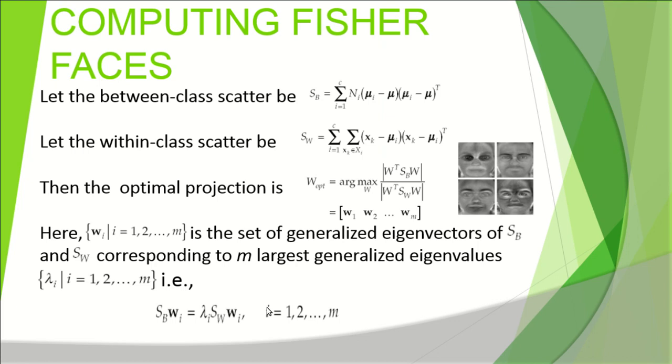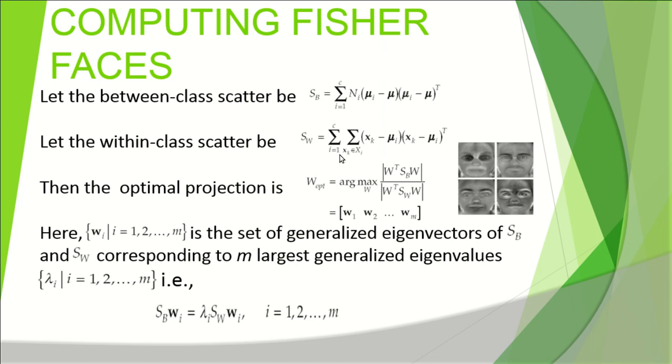Now let us denote the between class scatter with S sub b and the within class scatter with S sub w. Then the between class scatter can be denoted by this formula, and the within class scatter can be denoted by this formula, where mu i is the mean image of all the images in a class uppercase Xi, and ni is the number of images in the class uppercase Xi, and xk is an image in n dimensions.